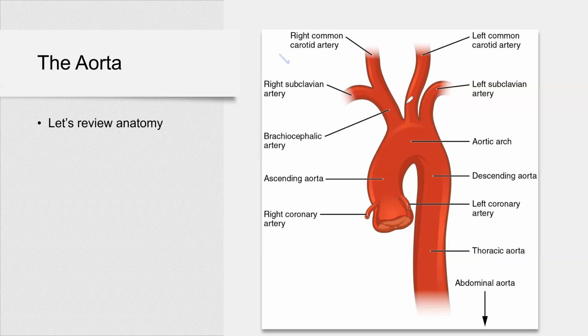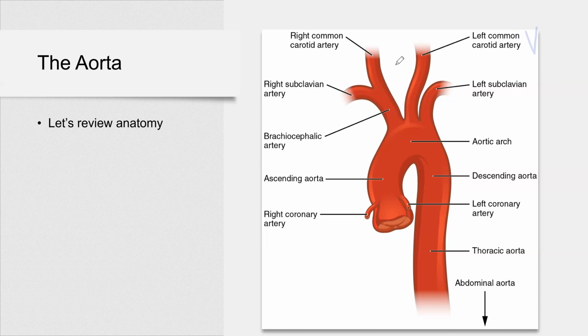So instead of having 4, look, they have the same name. The only difference between them is right and left. So we have right subclavian, left subclavian, right common carotid, left common carotid.